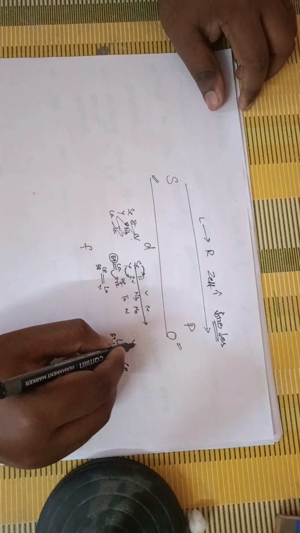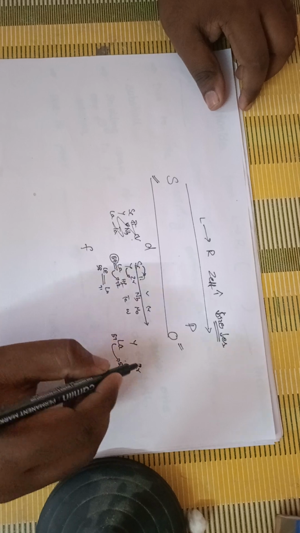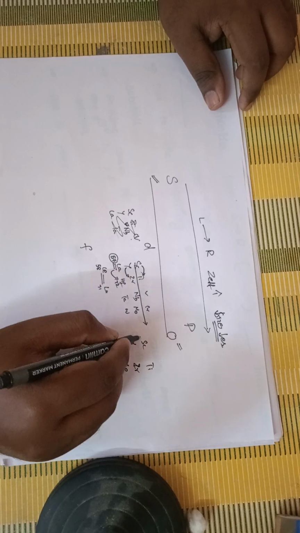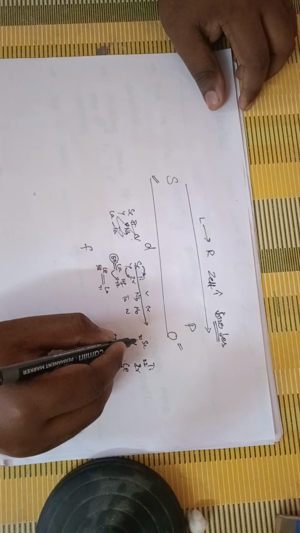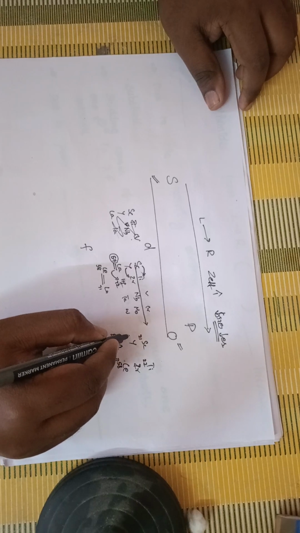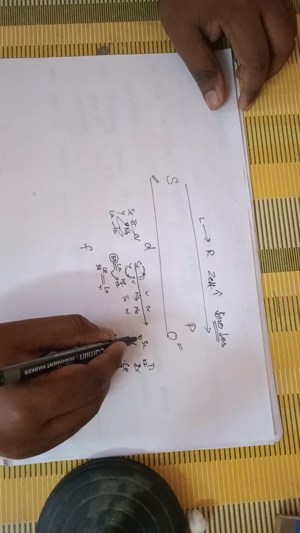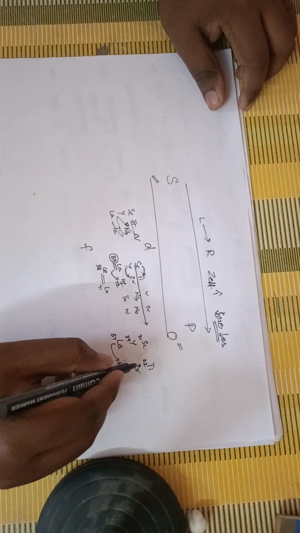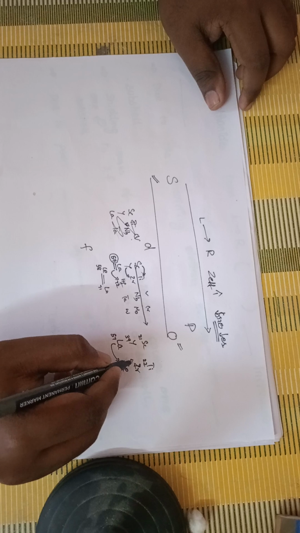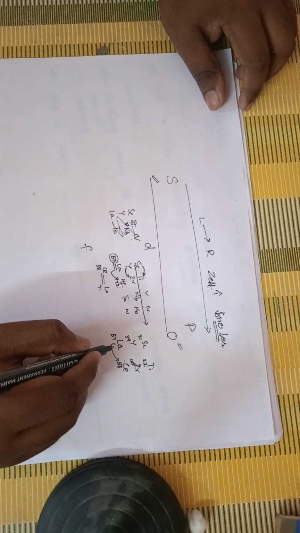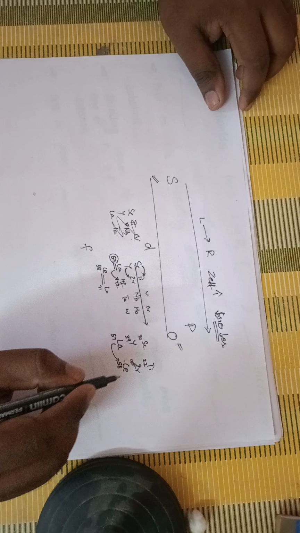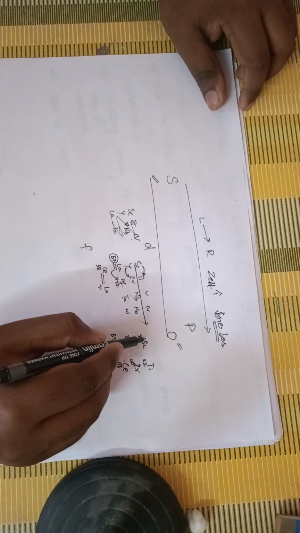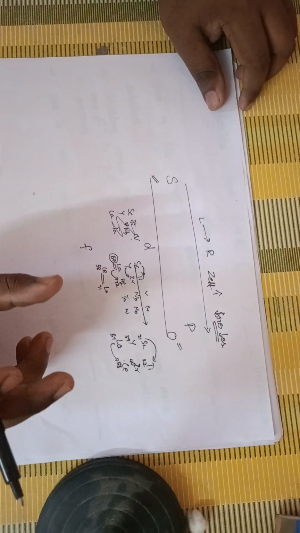Scandium has atomic number 21, titanium 22, yttrium 39, zirconium 40. So from 21 to 22, we observe some change.